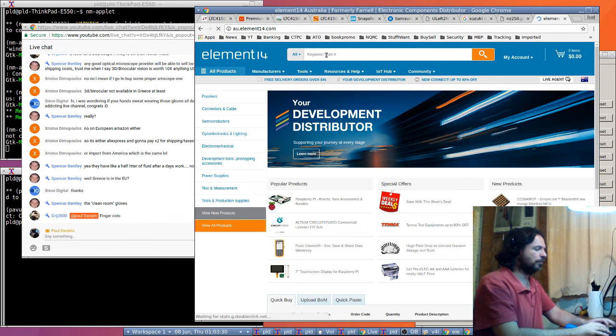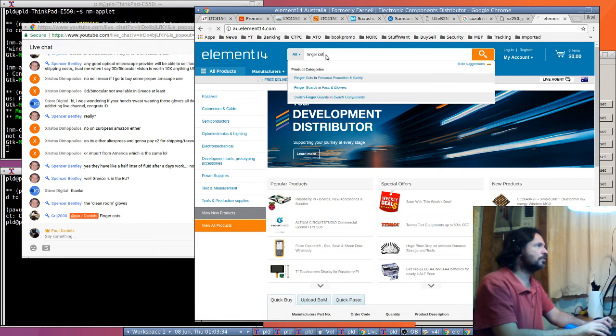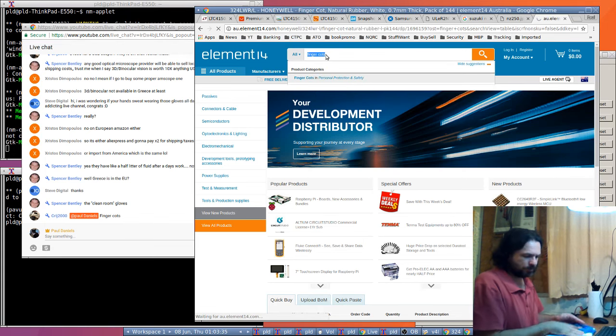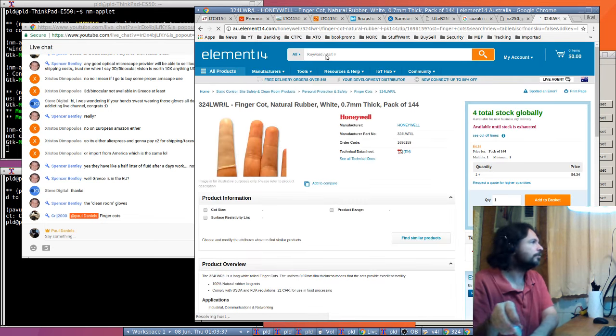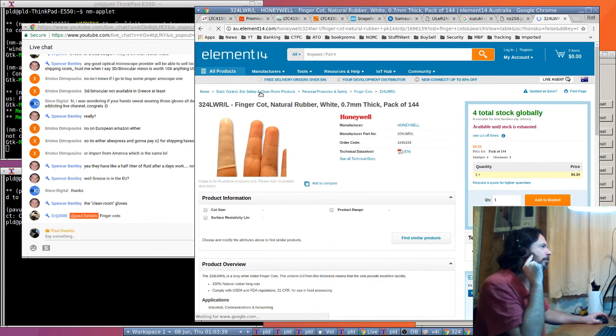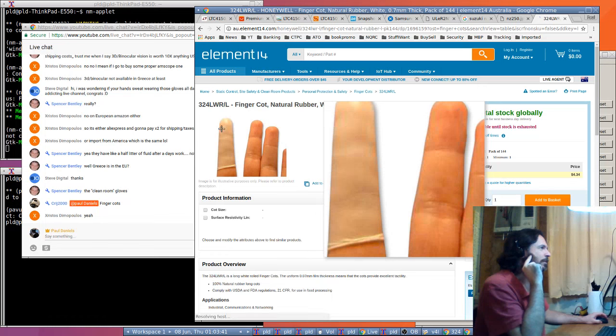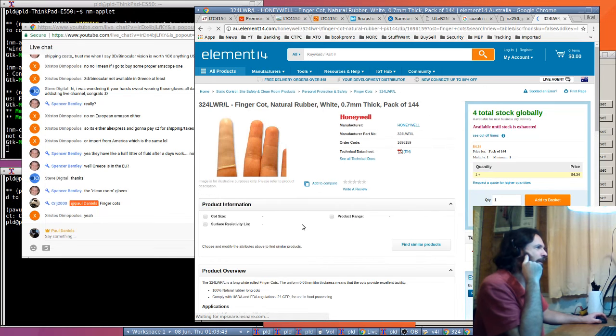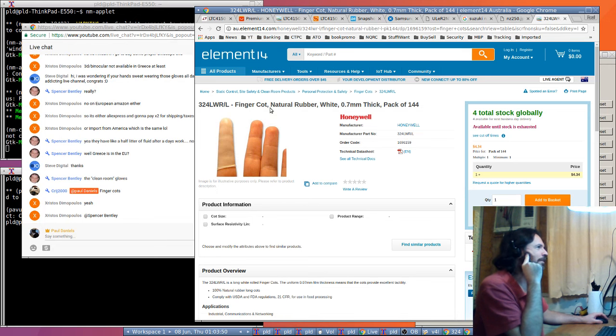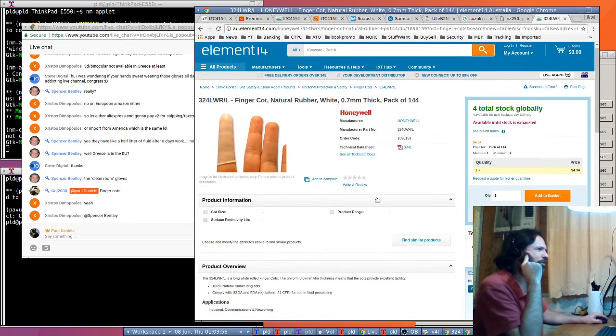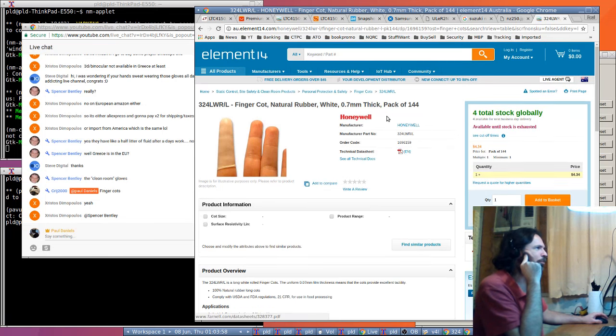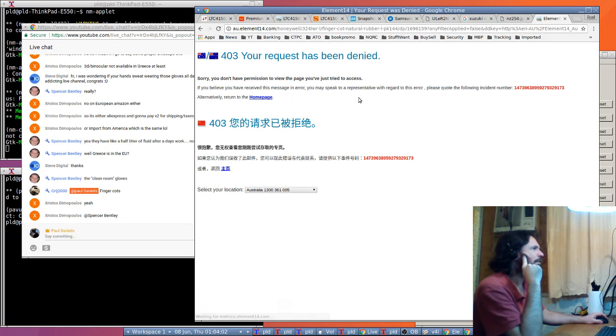Finger cots. There we go. 4 total stock globally. So a pack of 144, they're pretty cheap. Downside is they're global stock, so let's just go for that.